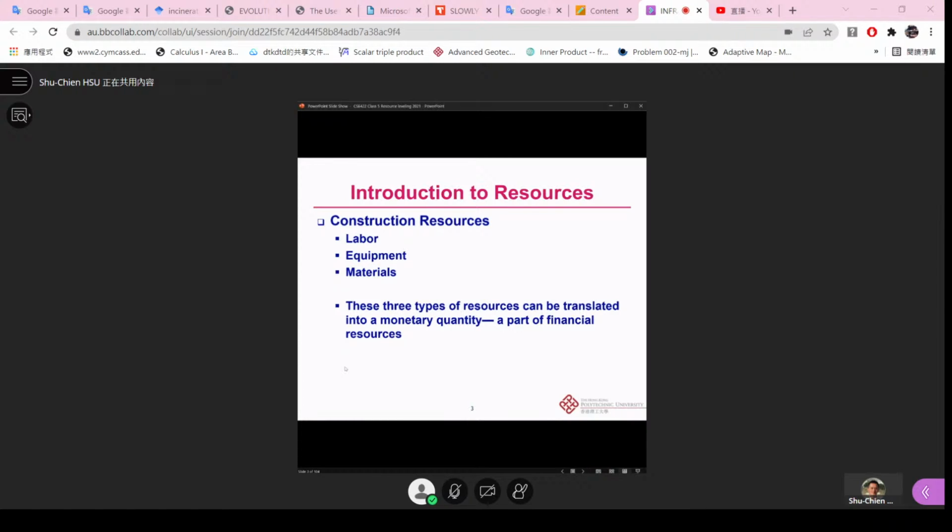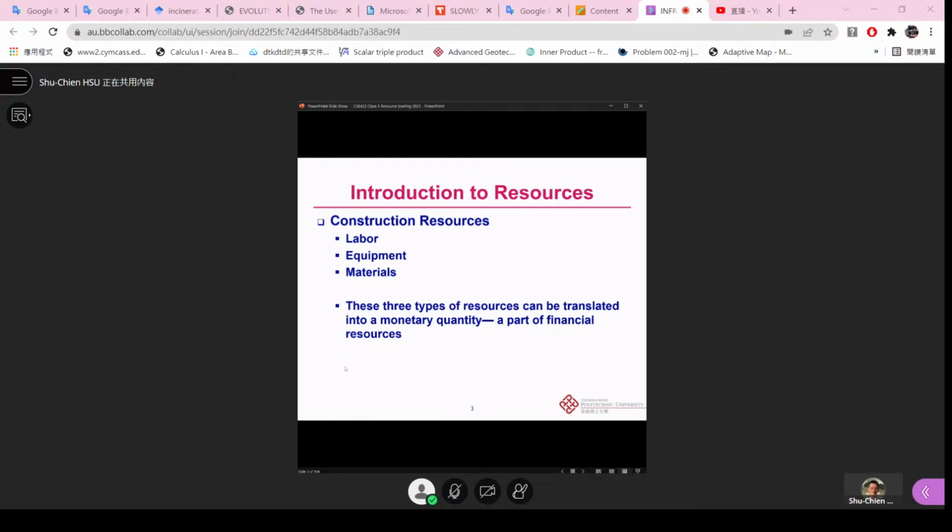We also need to check whether certain types of resources are available or not. But typically, when we do planning and consider those resources, we transfer all of them into cost, that is, the monetary quantity, right?